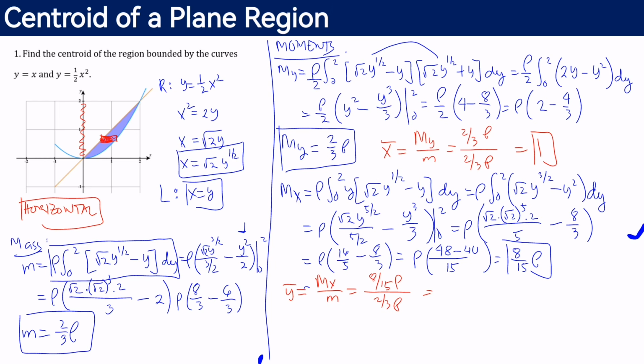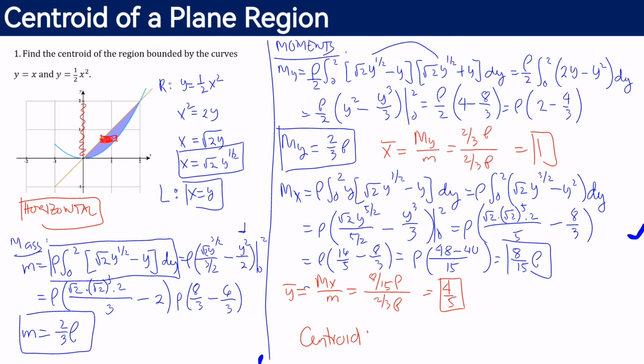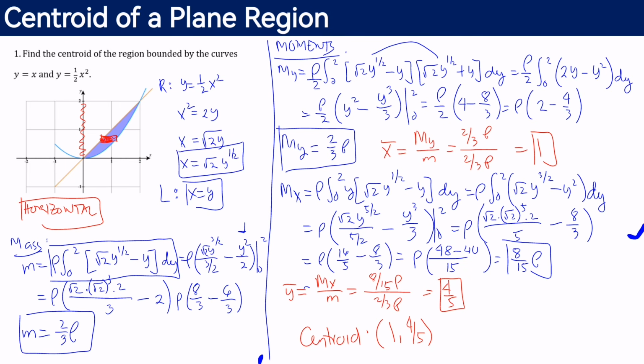So this is 4/5. So the centroid is the ordered pair 1 and 4/5. So it's somewhere here.